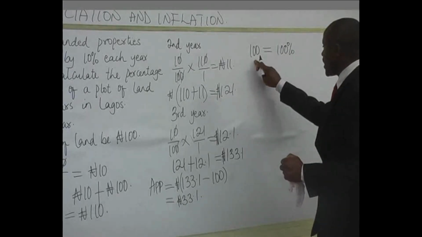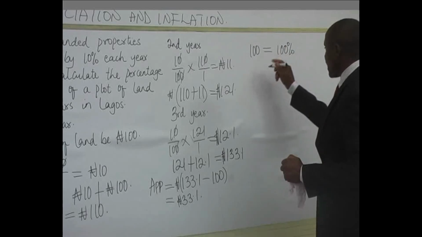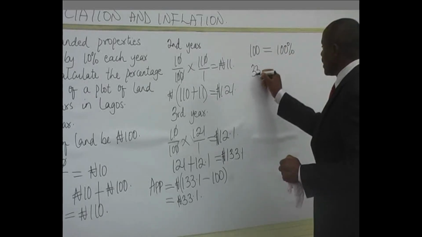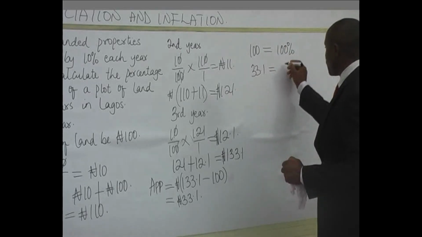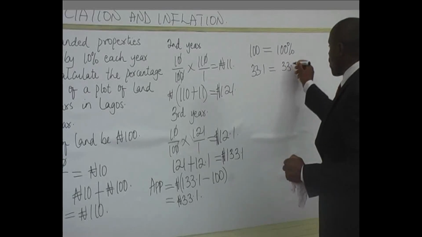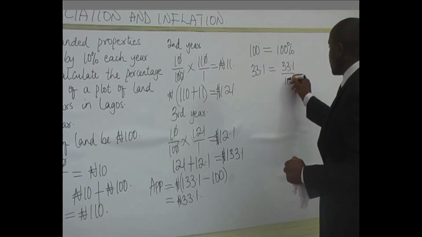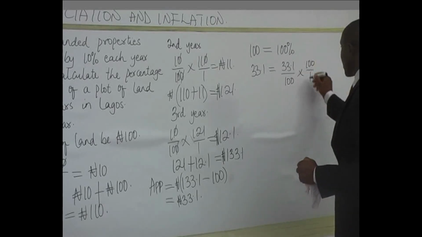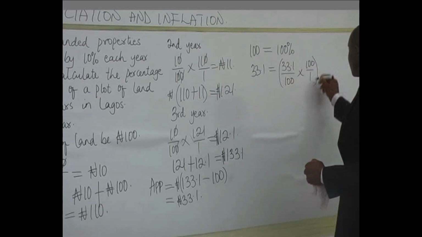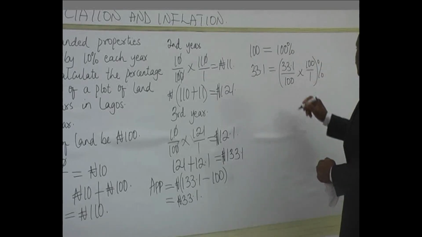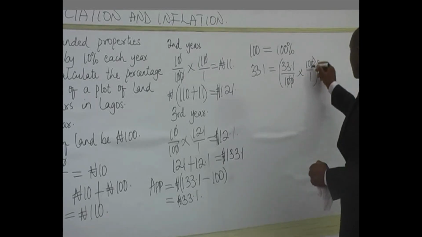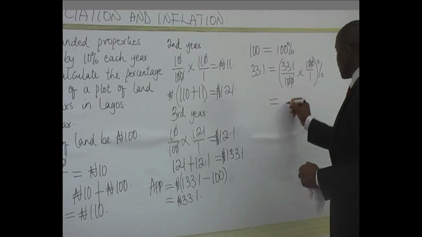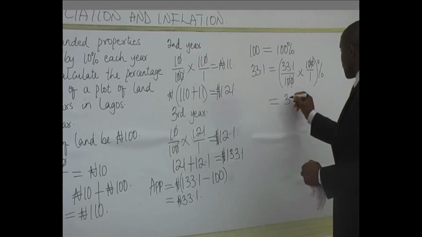So if 100 is 100%, that means 33.1 is going to be 33.1 divided by 100 times 100 all over 1%. This can cancel this, this can cancel this. You'll be left with 33.1%.